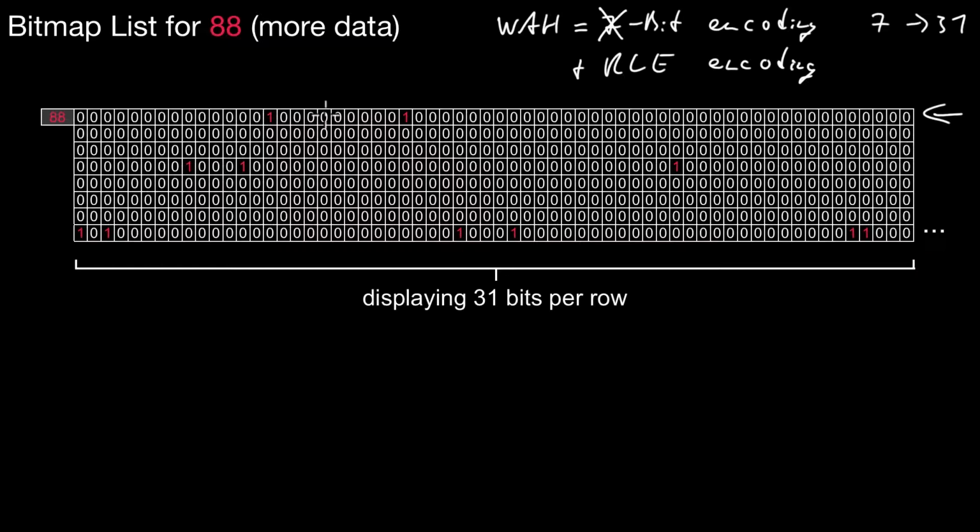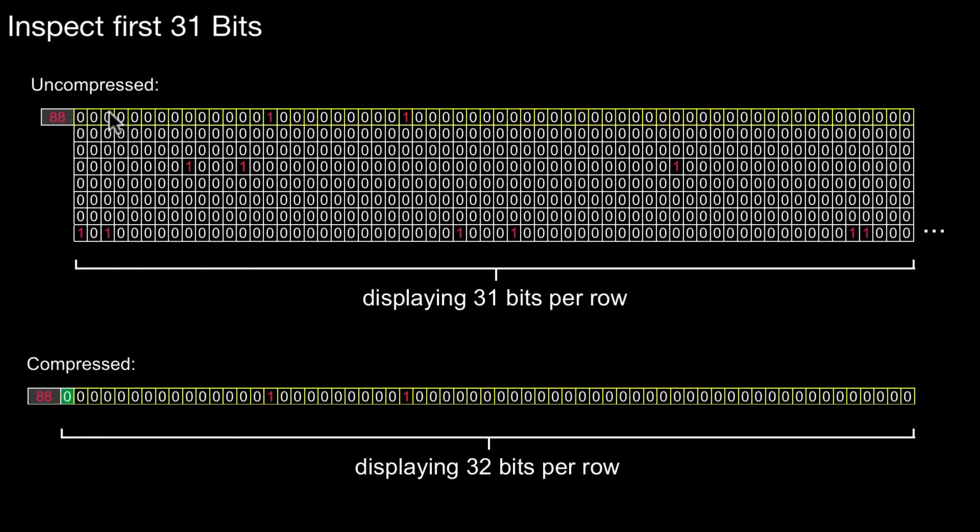So what we do is we represent those 31 bits by 32 bits in the compressed output. Underneath I'm displaying the output, and here each row has 32 bits rather than 31, which means I add another special bit here that is called the signal bit. This green thing here, that's called the signal bit. Just like in 7-bit encoding, I have one signal bit for every 32 bits. So 1 plus 31 gives 32 bits.